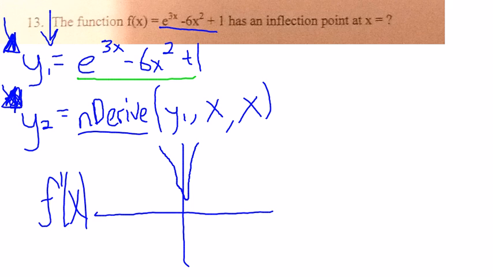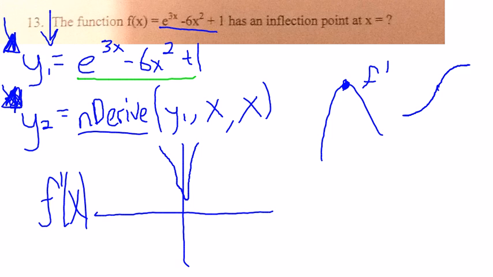If you remember, the mins and maxes of my derivative, f prime, tell me where a point of inflection is. This is where the derivative is increasing, and then as soon as I hit this point, the derivative starts to decrease.